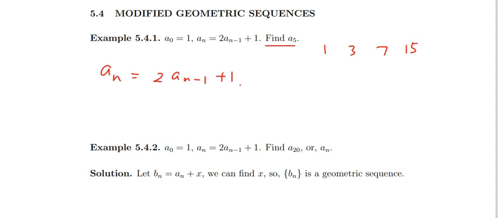Multiply by 2, 30 plus 1, 31. So here's a0, a1, a2, a3, and we need one more. Multiply by 2, 62 plus 1, 63. So this is a5.